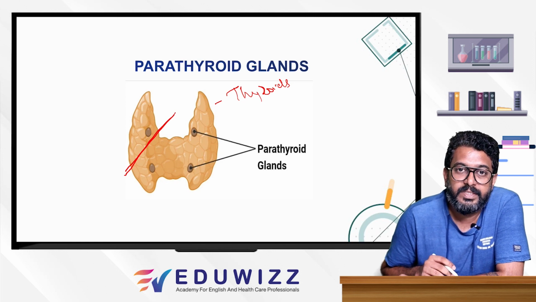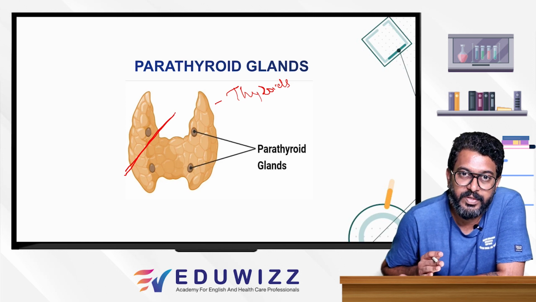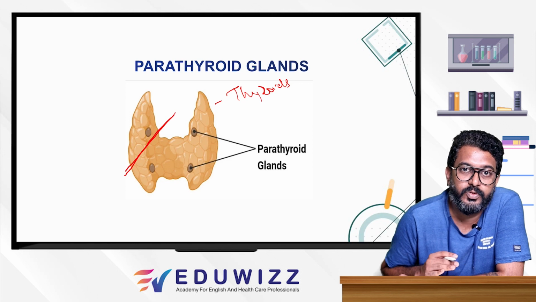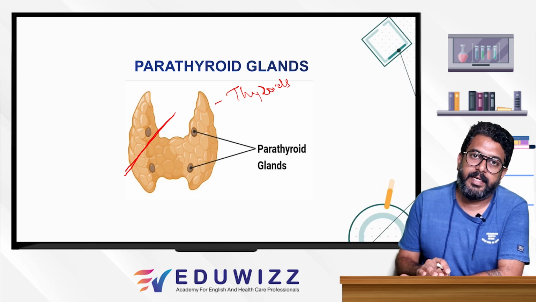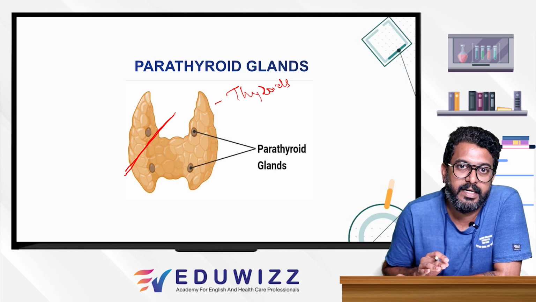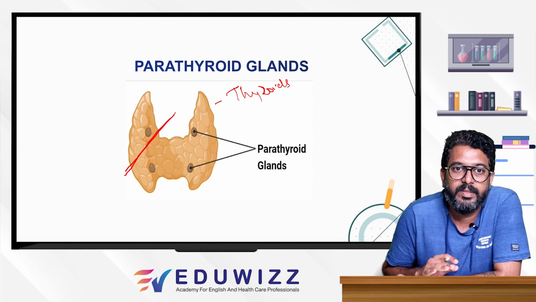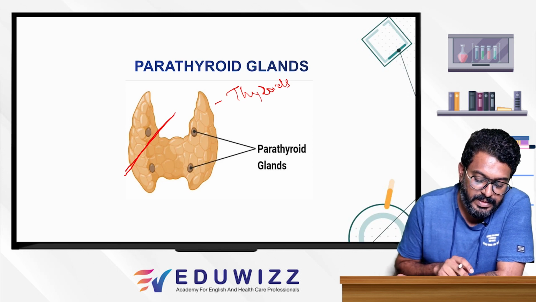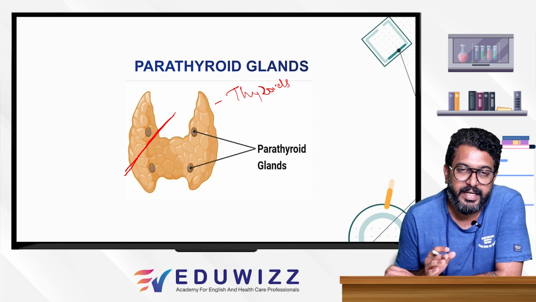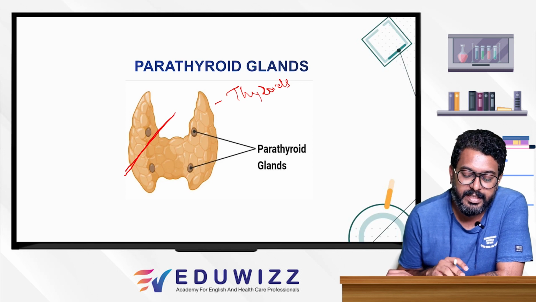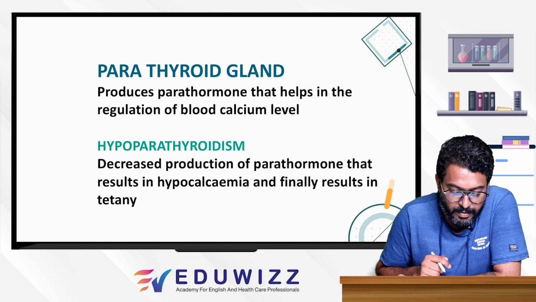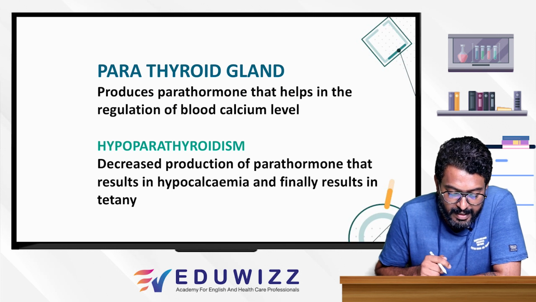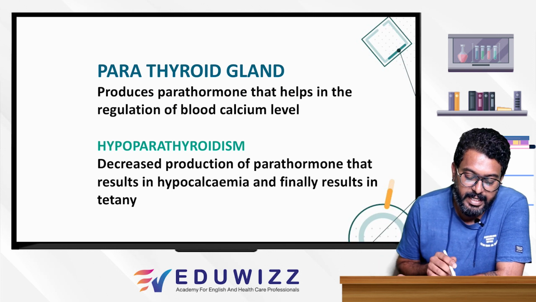That's why we should always assess the patient postoperatively for signs of hypoparathyroidism. If the parathyroid glands are damaged, the function will be damaged, which results in hypoparathyroidism. Let's see about parathyroid glands and hypoparathyroidism. The parathyroid gland produces parathormone that helps in the regulation of blood calcium level.